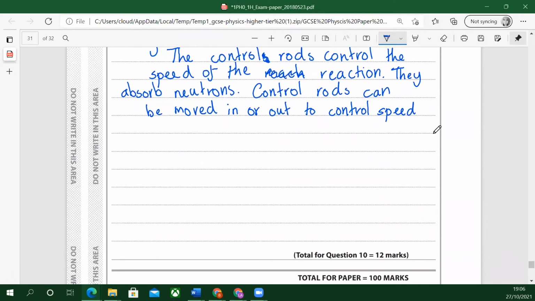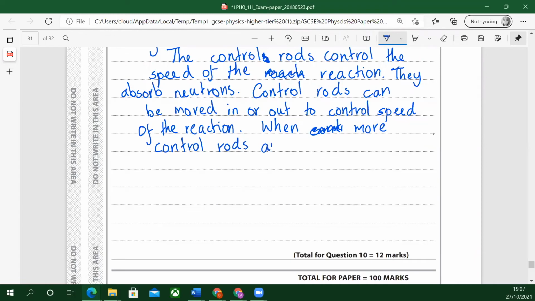When more control rods are in, the reaction is slowed down. Okay, so that's what we need to write.